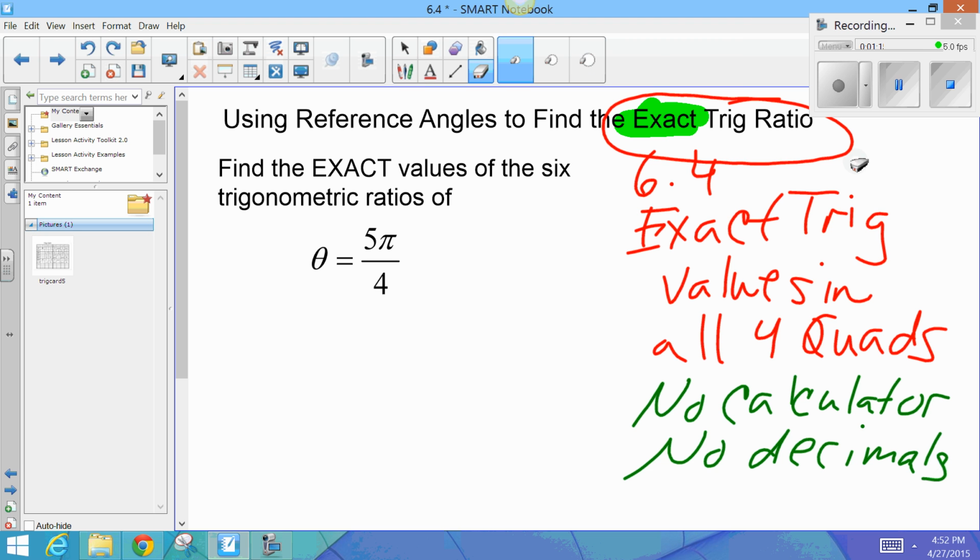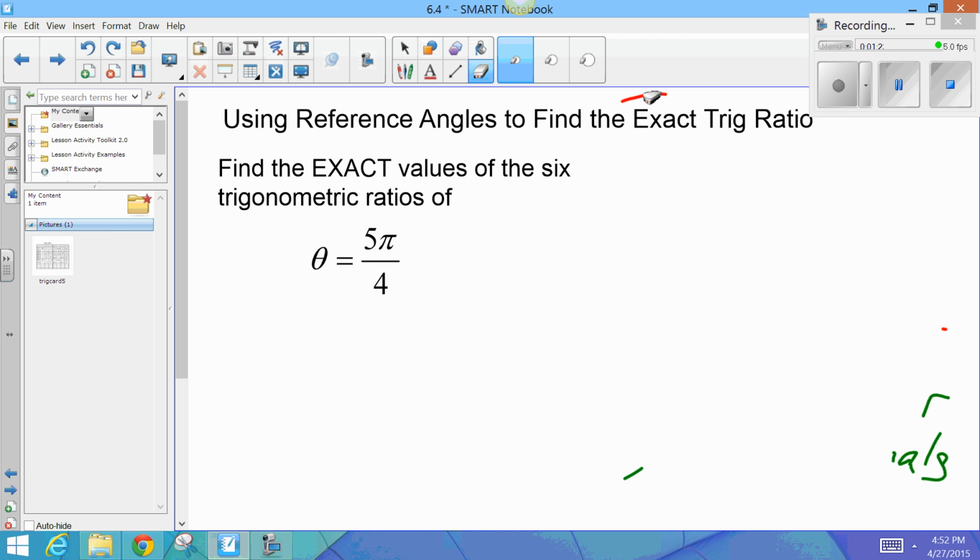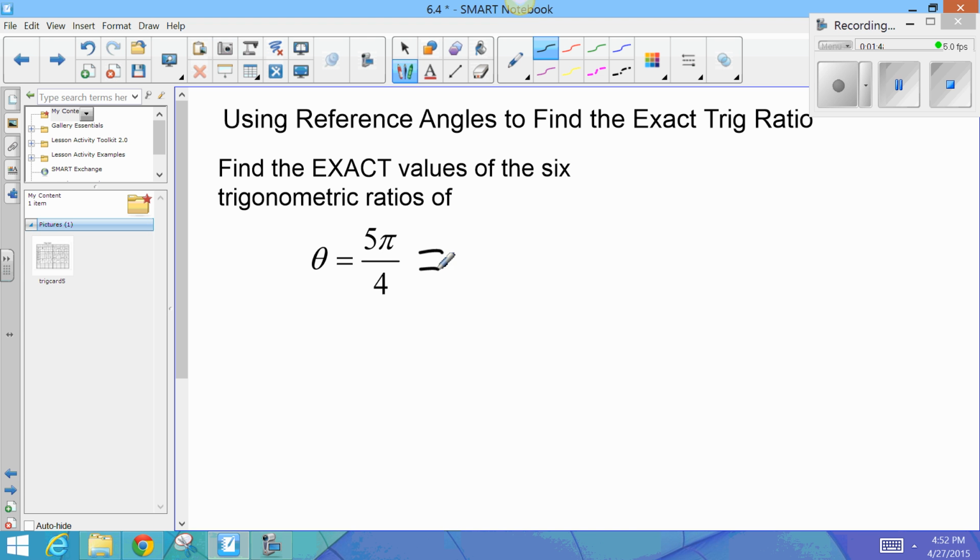All right, let's get started with this problem. What I want to do first is draw a copy of this angle, and see if I can find the reference angle. 5 pi over 4, I want to figure out which quadrant that's in.